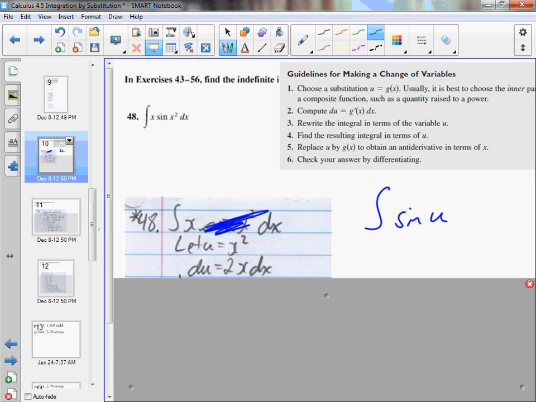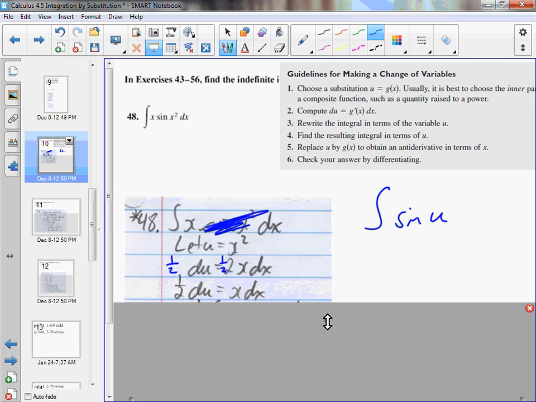Okay? So it's a multiple of x dx. It's 2x dx, but I want x dx, so how do I turn 2x dx into x dx? Multiply both sides by 1/2. Divide by 2, but multiply both sides by 1/2. So 1/2 du equals x dx.